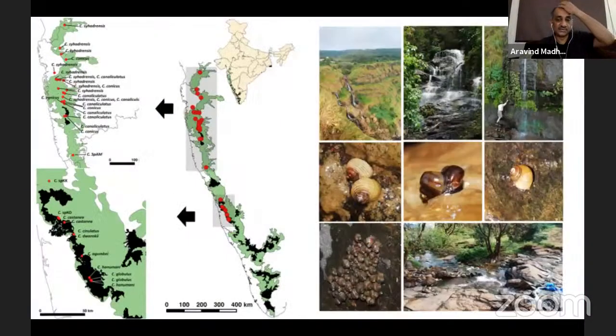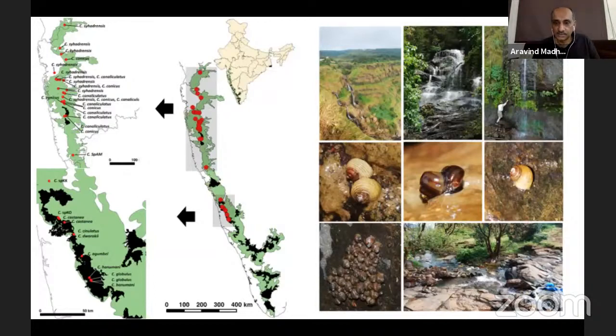And these are the images and the map to show how it is distributed in the central and northern parts of the Western Ghats.